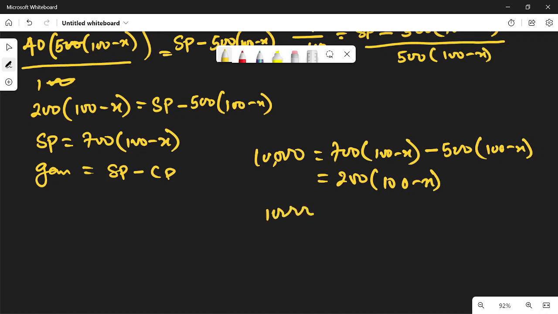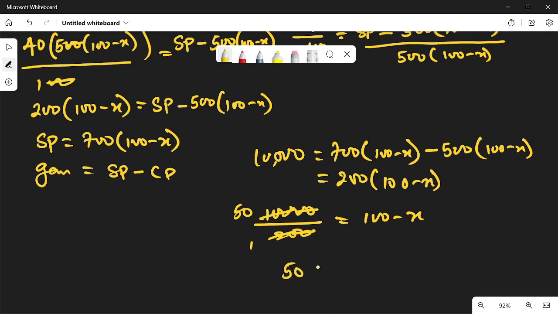Okay, so if this should be the case, divide this by 200. So you have what? 10,000 divided by 200 equal 100 minus X. So this and this will cancel. So you have what? 100 over 2. 2 in 100, that's 50, right?